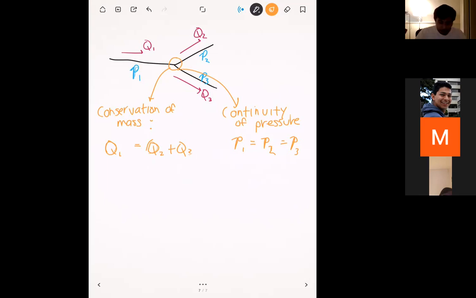Okay. All right. And so we can use what we know about LPMs to basically combine the impedances of both the daughter vessels. Okay? And so if we take this information, what we can do is combine the impedances of both of these vessels. Okay?